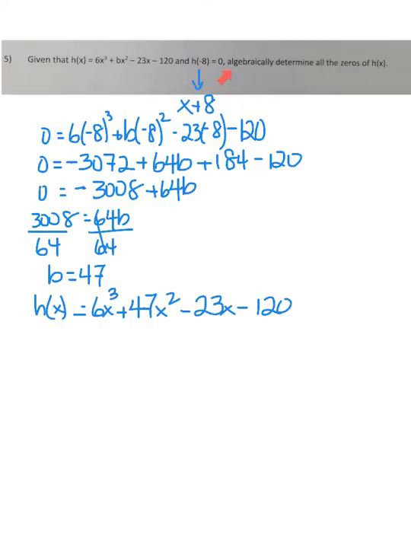And it says algebraically, now that's big, because it says algebraically determine all the zeros of h of x. Now, if it didn't say algebraically, couldn't I plug this into my y1 and just look and see where this function hits the x-axis? But because it says algebraically, I've got to show work.